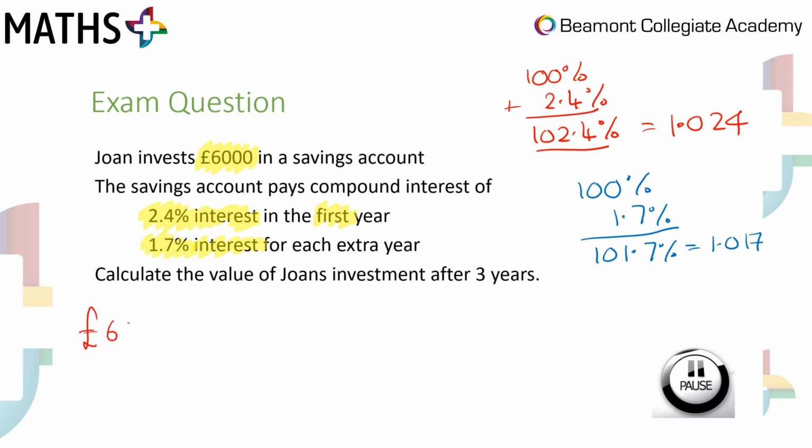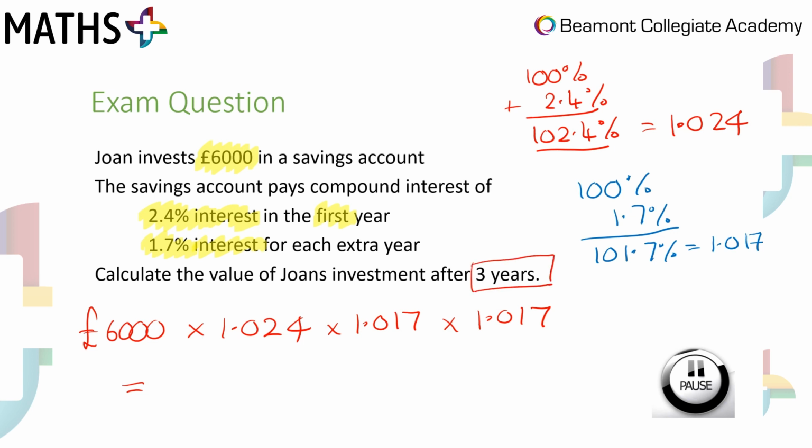So £6,000 multiplied by 1.024, so that would give me year 1. Multiply that by 1.017 and then multiply that again by 1.017, because the question asked for 3 years, so in the second and third year she's getting 1.7% interest.